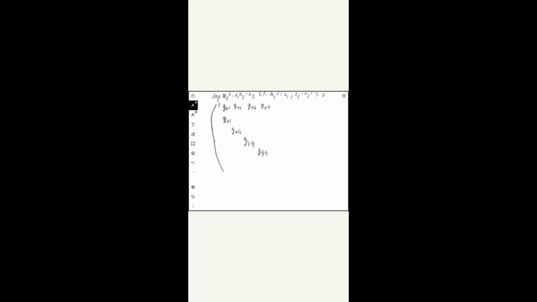If we complete here, it will be x1, x2 squared, like y1 4, here it will be y2 4, here it will be y3 4, because here it's x1, here x2, here it's x1, x2, x2 squared, so that's it.